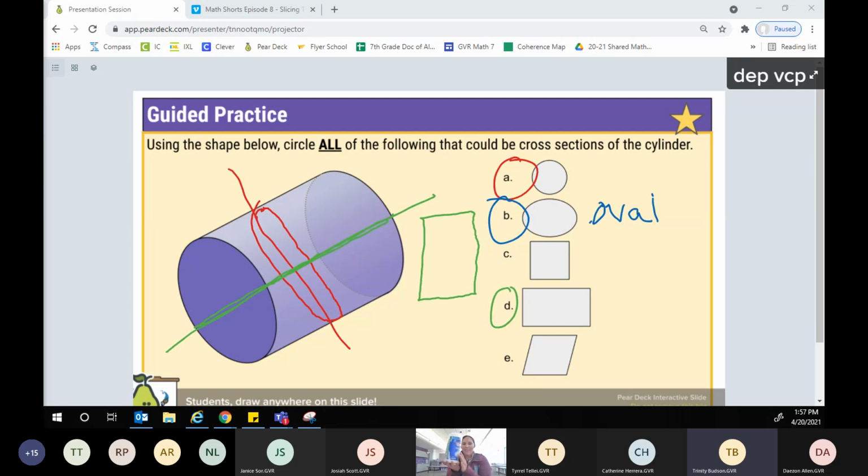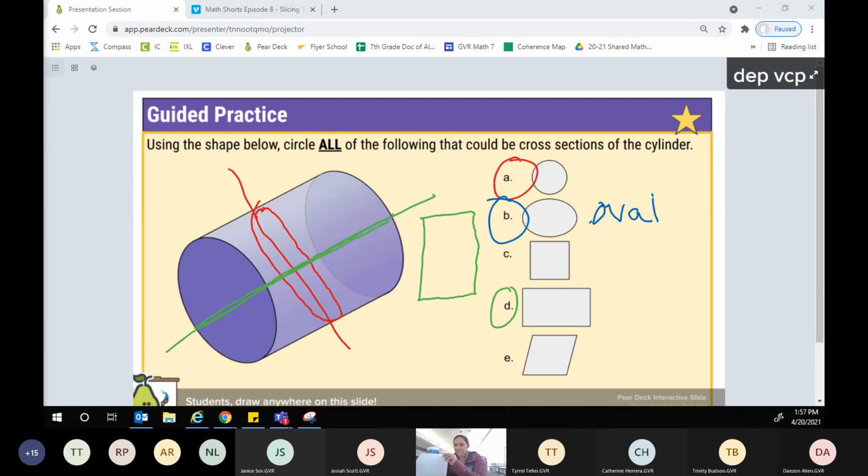At first I was just lost. I was going to choose A and D and wait for everyone else to answer and see which one was right. But then I was like, okay, let me see which way I can cut it to get one of these shapes. And I was like, okay, if I cut it diagonally, I can get an oval. I know it's kind of tricky to see because this shape is leaning. But again, imagine it's straight up like this.